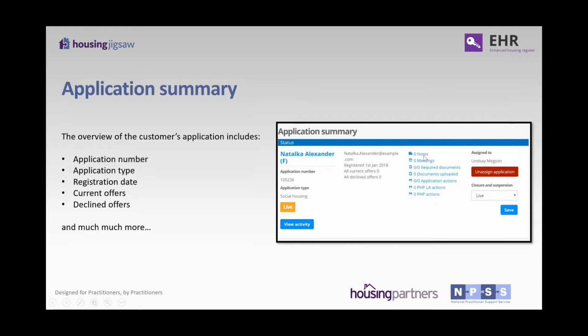So whether you've got any notes on this case as an officer, whether you've arranged any meetings, whether your customer is required to bring in any documents, whether there's any application actions, and the personalised housing plan, that's for the PRA module. So again, you can see very clearly a very quick brief of the application summary.